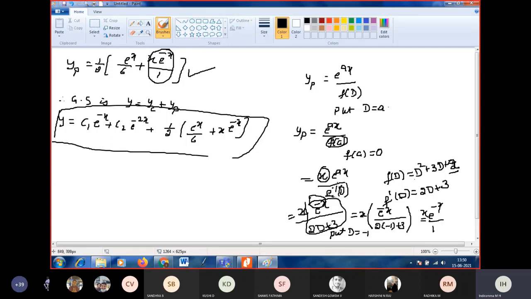Suppose after replacing d by a in the denominator again, instead of getting 1, you get 0, then for the next step you should multiply the numerator again by x, so it becomes x square. X square into phi of x by f double dash of d you should consider, the double differentiation of f of d. Like that it will continue until you get a denominator that is not 0.